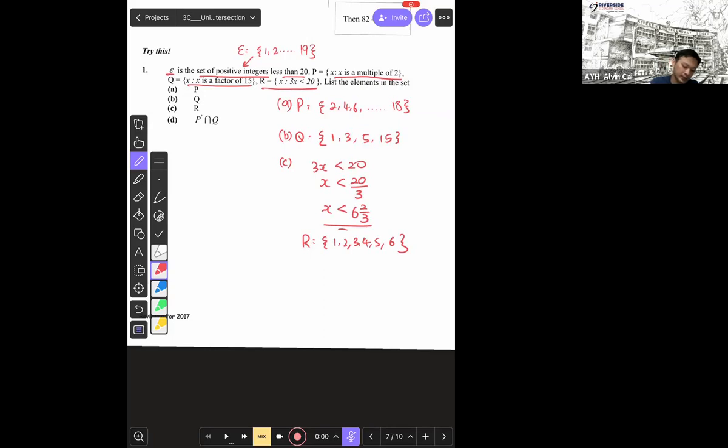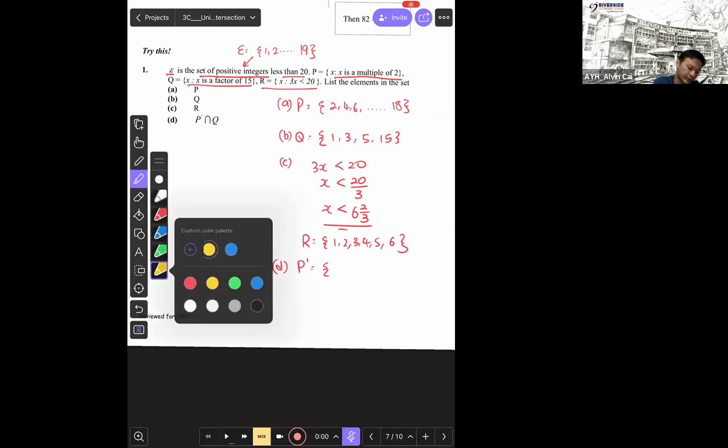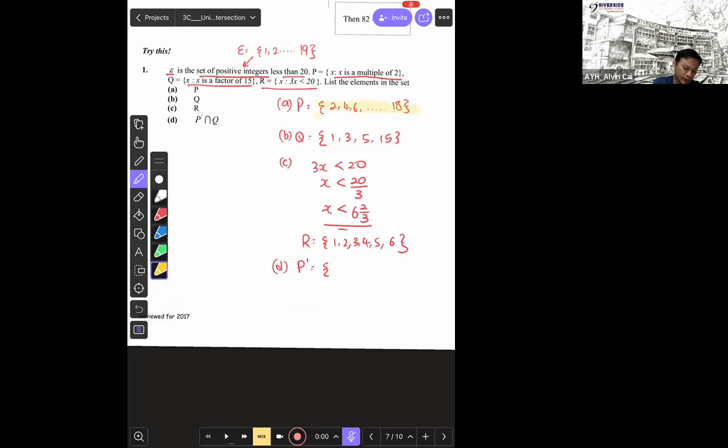And part D, of course, we are supposed to use P complement intersect Q. So first, before we do that, we need to find what P complement is. P is the even numbers, multiples of 2.